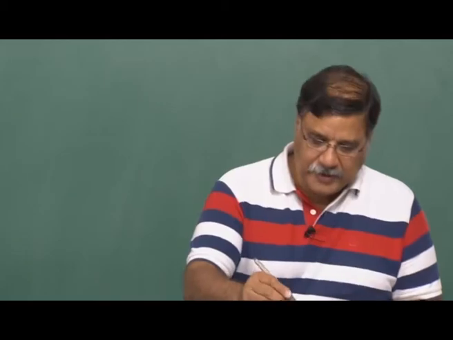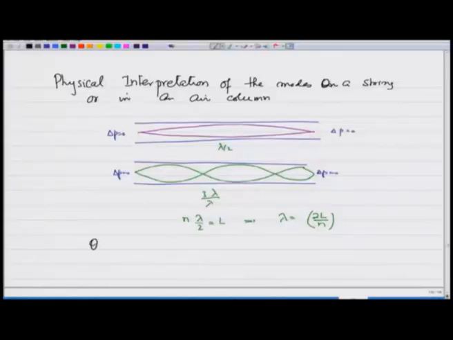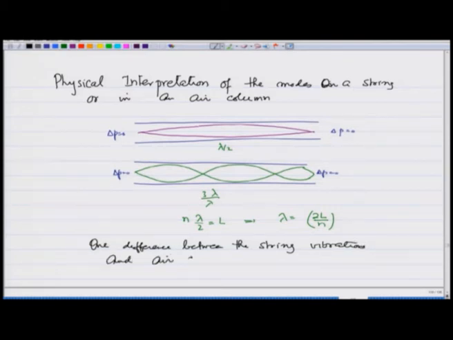Now, one difference between the string vibrations and air column vibrations is known as the end correction. What is that?